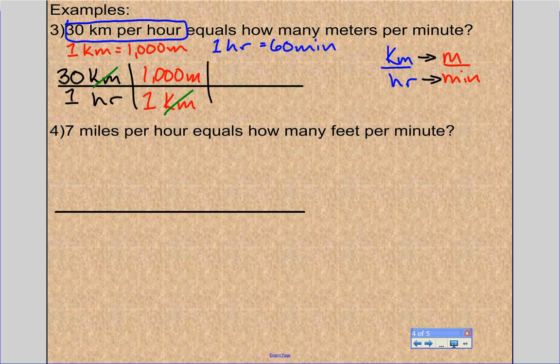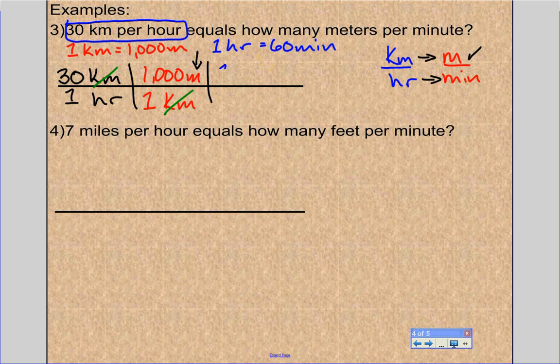Now if you look at the units, I have meters on top now. That's good. I want meters on top. Now I got to take care of these hours and change those to minutes. So I'm going to take my next conversion factor, 1 hour equals 60 minutes, and plug it in. Same thought process as before. Here's my hours that I need to get rid of. To get rid of hours on the bottom, I need to put in hours on the top.